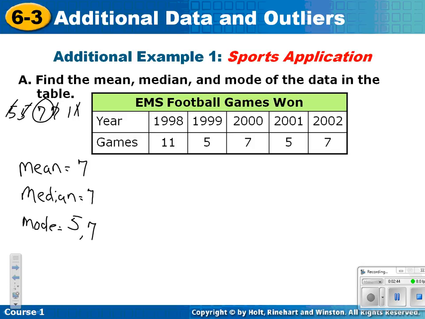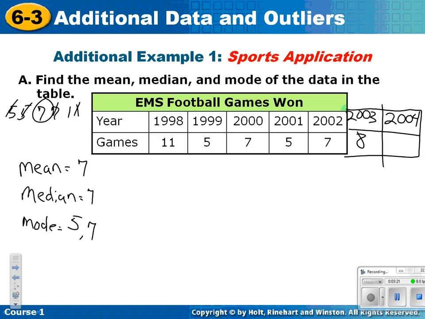Now this is the other part of this lesson. Oh yeah, by the way, we found more information. In 2003, they won 8 games, and in 2004, let's see, just a second.